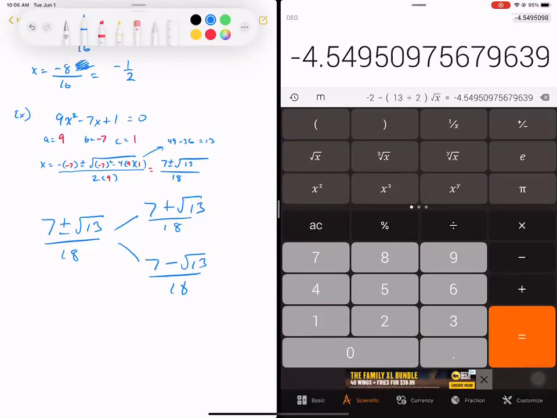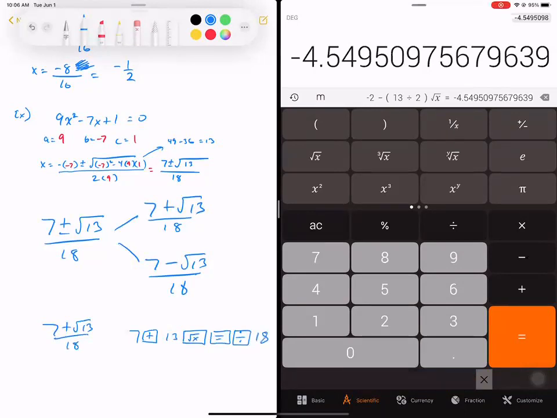So let's use this calculator. I'll tell you how to type it in. For the first one, 7 plus the square root of 13 over 18, on my cheap calculator, you guys might have nicer calculators, I'm going to hit 13 first and then the square root button afterwards. Then I hit equals to mix the top together, then divide this by 18.